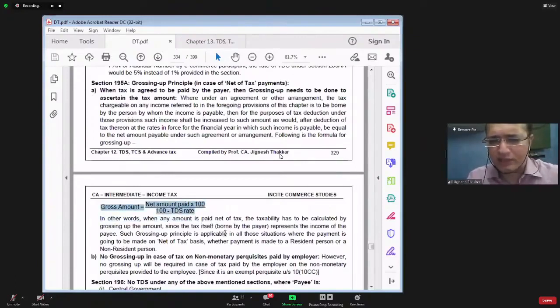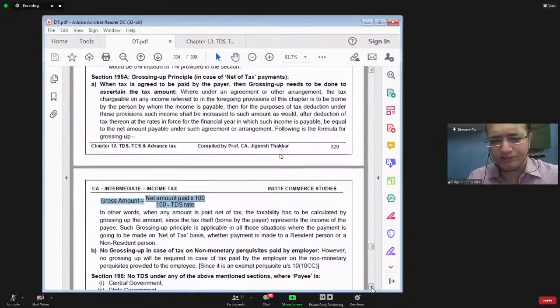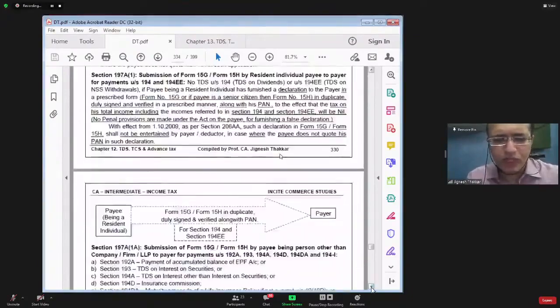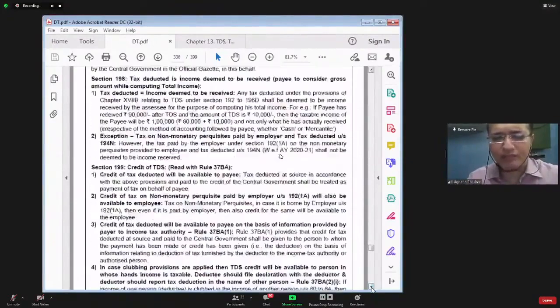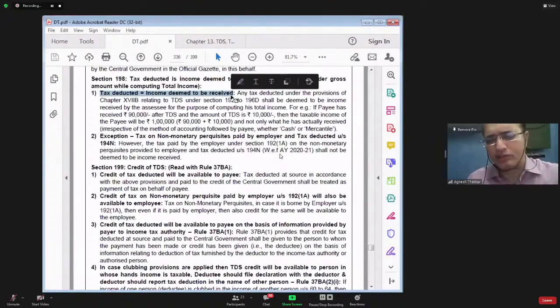And section 198 is from the point of view of the payee. The payee has received some amount, which is a net amount, but what he should consider in his income is the gross amount. So whatever tax is deducted, that is income deemed to be received.